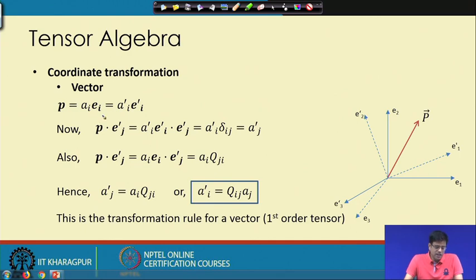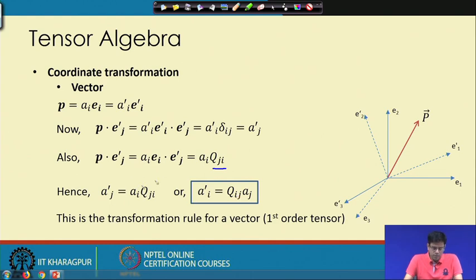The vector P, I can write as Ai Ei, and also as Ai prime Ei prime. If we take the dot product, then this proof is very simple. If we take the dot product with Ej prime, then it will be Aij A prime j, and then we can relate Ei and Ej prime with Qji, and component-wise it will be obtained from the Qij components.